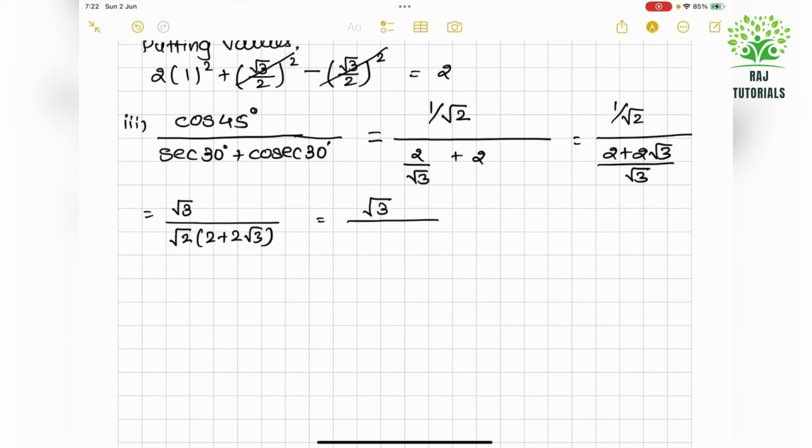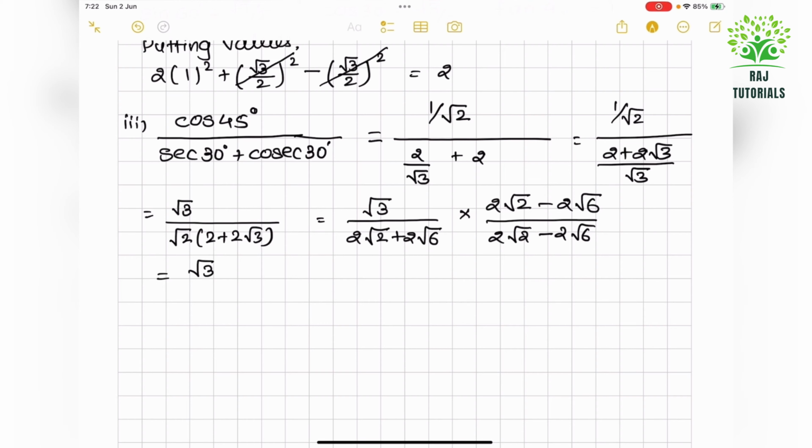So that will be root 3 upon 2 root 2 plus 2 root 6. Change of the sign, so I will get 2 root 2 minus 2 root 6 upon 2 root 2 minus 2 root 6.